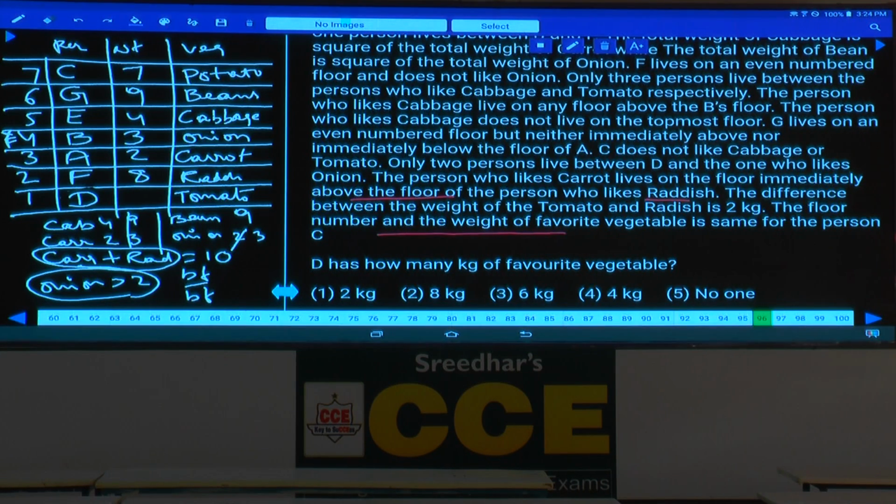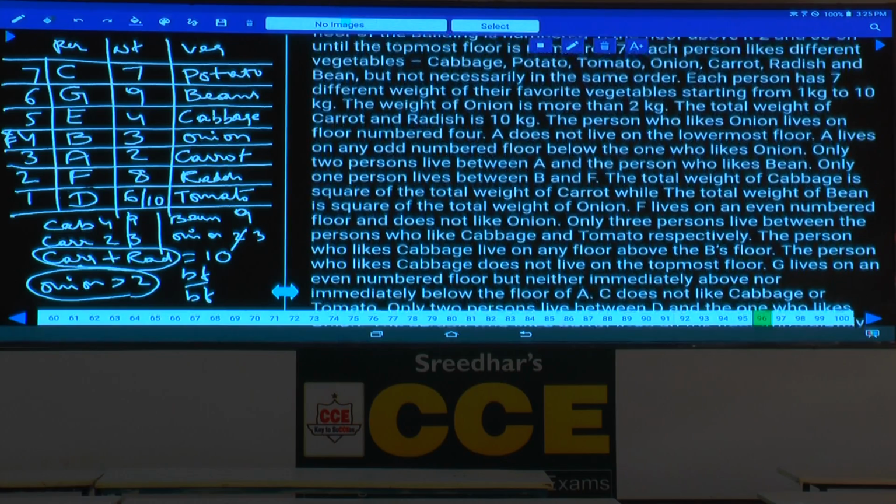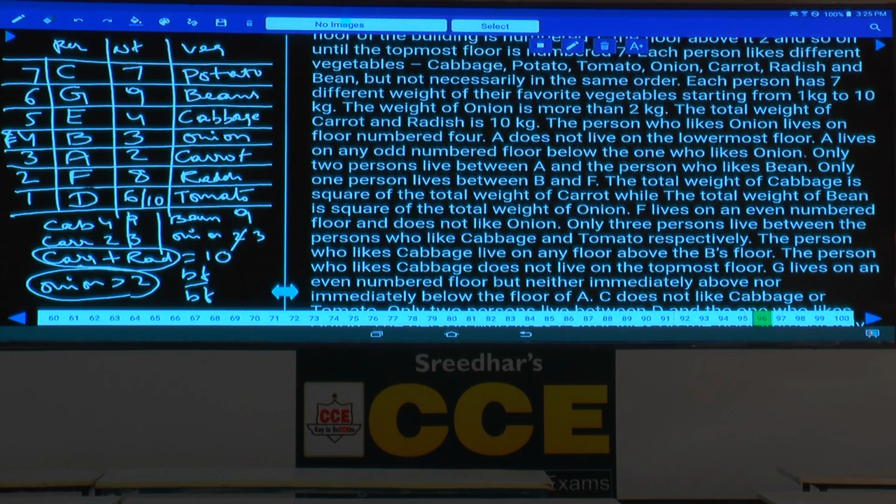Radish is 8 and the floor number. And the difference between the weight of the tomato and radish is 2 kgs. Then tell me, what is the weightage of this tomato? Tomato can be either 6 or 10. We cannot definitely find out this one because here weights from 1 to 10 are given, not between 1 and 10.